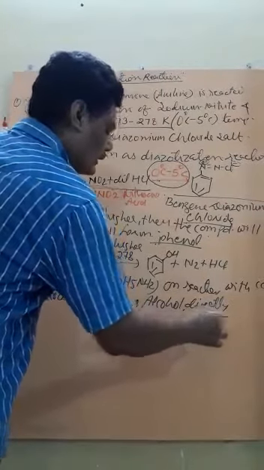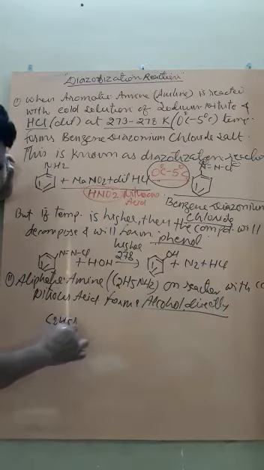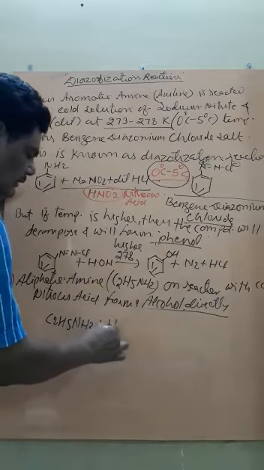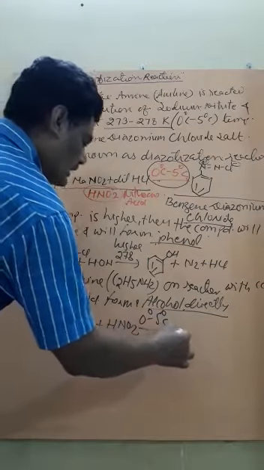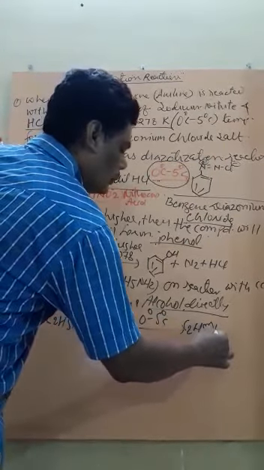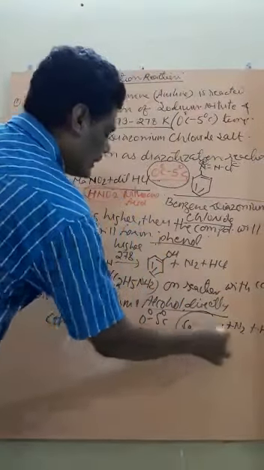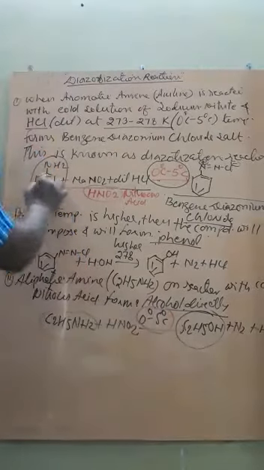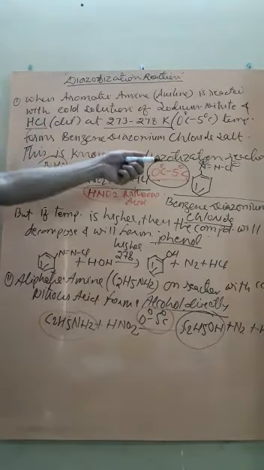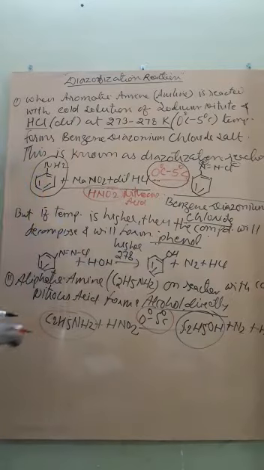That is, here the diazonium chloride does not form, but it forms alcohol. C2H5NH2 plus HNO2 at the same temperature, 0 degrees Celsius to 5 degrees Celsius, forms C2H5OH alcohol plus N2 plus H2O. So this is the difference between aliphatic amine and aromatic amine. Aliphatic amine directly forms alcohol at the same temperature, while aromatic amine forms benzene diazonium chloride salt at this temperature, but if the temperature is higher, it will form phenol.